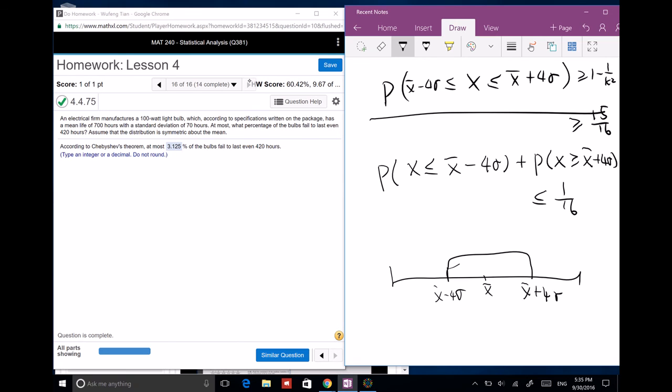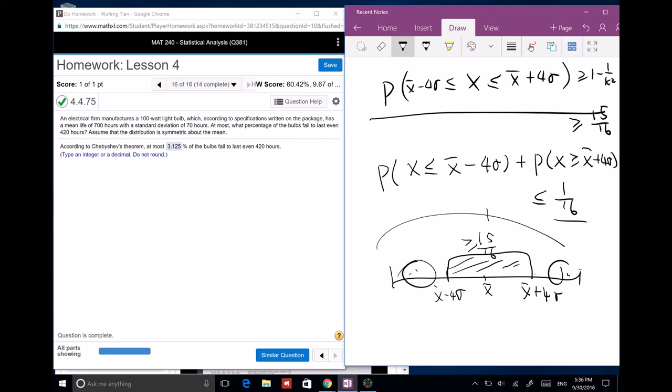This together will be at least 15 over 16. But the two sides, x is less than this, x is bigger than this, since the whole thing equals 1, so these two together are less than or equal to 1/16.